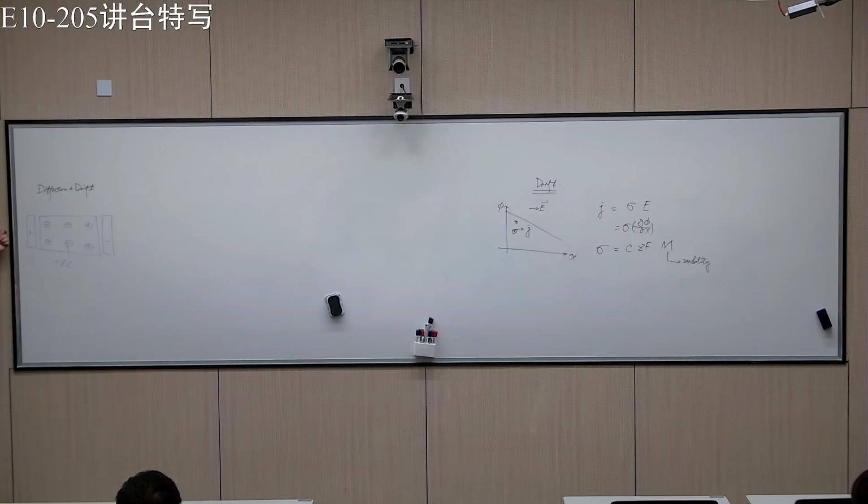Then I start to apply voltage. So the ions cannot move out from these boundaries, they can only move inside the crystal. Imagine what is going to happen here. It's basically going to move in that direction, right?